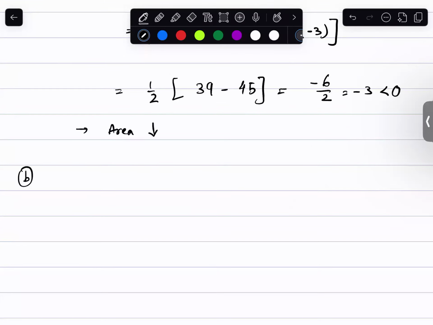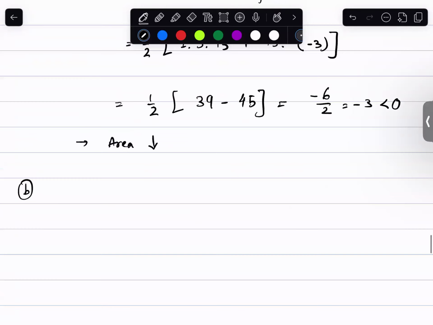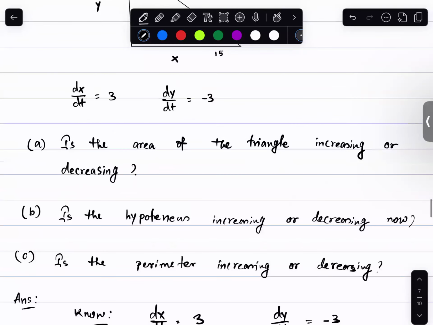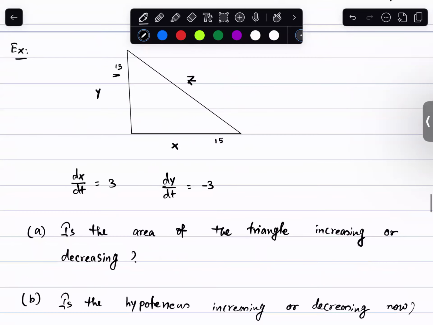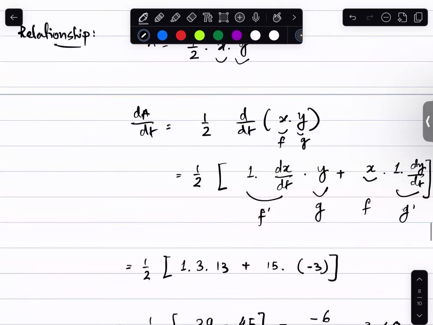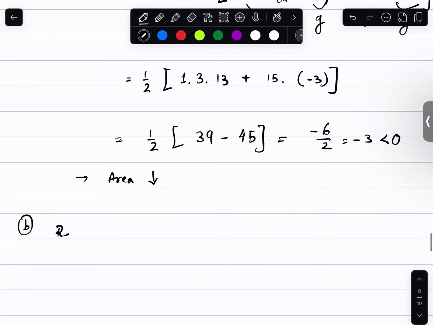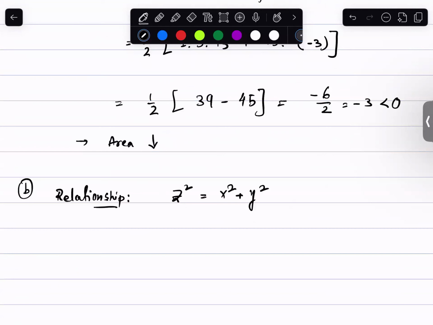The next problem is to figure out whether my hypotenuse is increasing or decreasing. So I need to figure out z. For z, the relationship that I need to focus on is the Pythagorean theorem, which is z squared equals x squared plus y squared for a right-angled triangle.